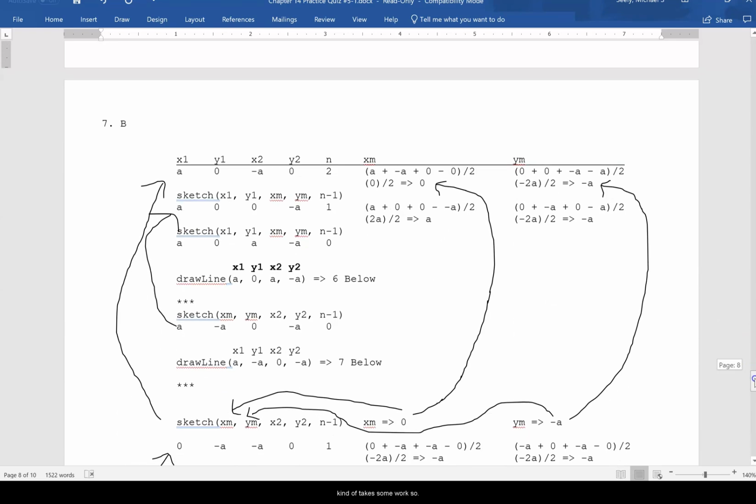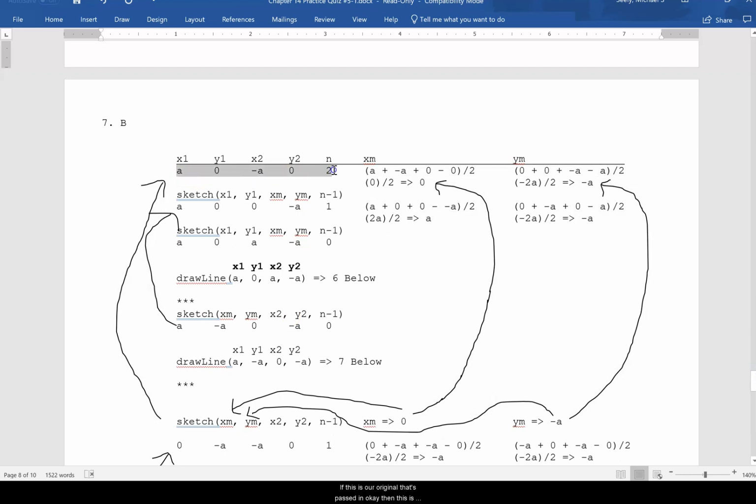So if this is our original that's passed in, then this is what xm and ym are set to. A plus negative A is 0, and 0 minus 0 gives us 0. So 0 divided by 2, xm is 0.